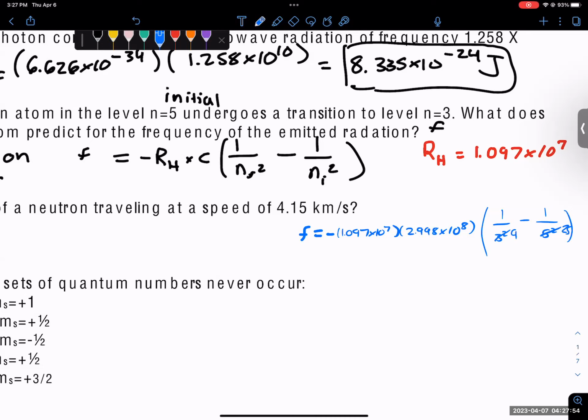Let's see what we get. So negative 1.097 times 10 to the 7th times 2.998 times 10 to the 8th, and then 1 over 9 minus 1 over 25.